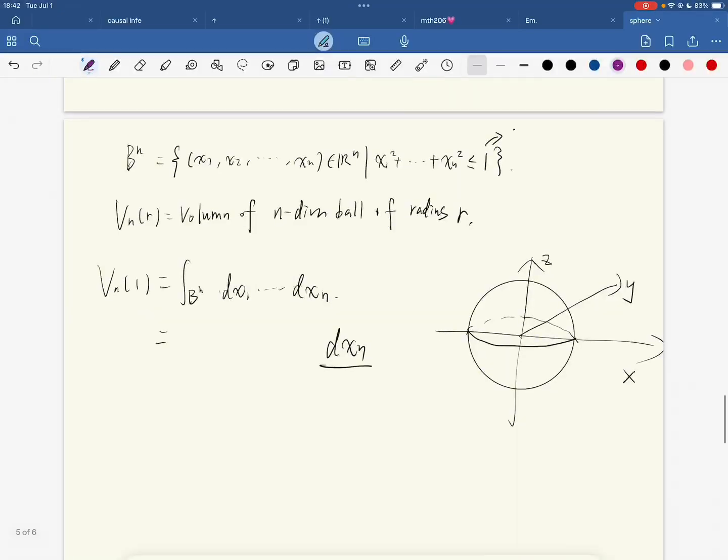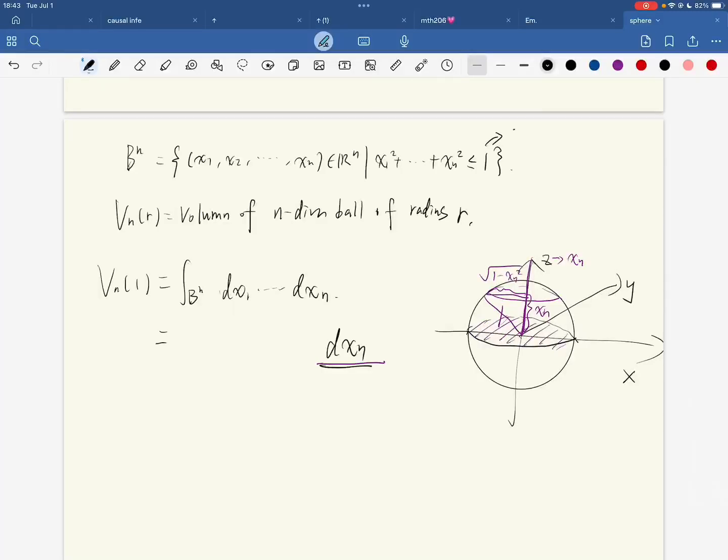We already have this circle, and we regard this as where x_n comes from. Let this be x_n, and we want to use just x_n to represent V_n(1), and we want to integrate the circle. This radius is 1, this is x_n, so this is the square root of 1 minus x_n squared.